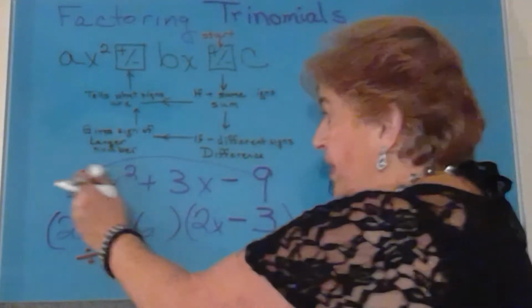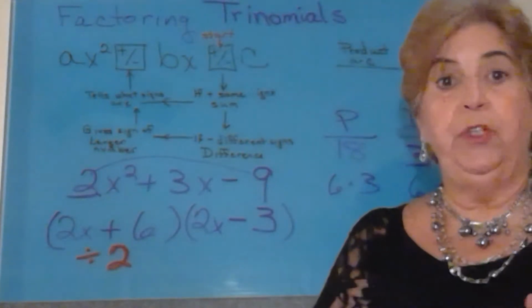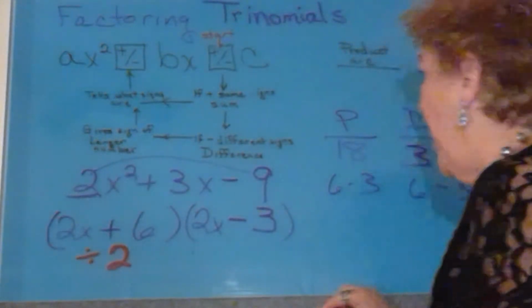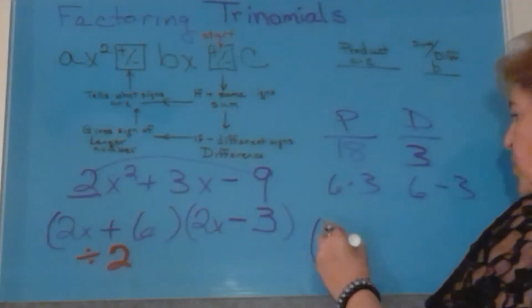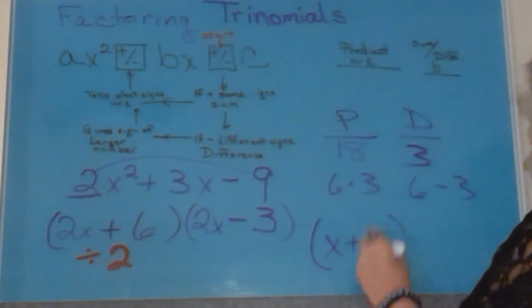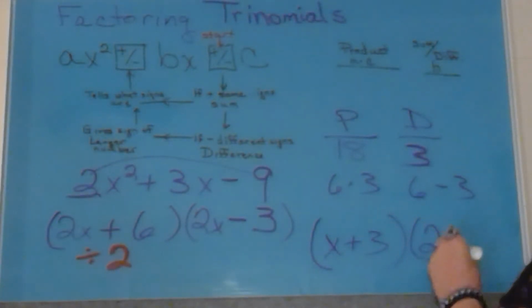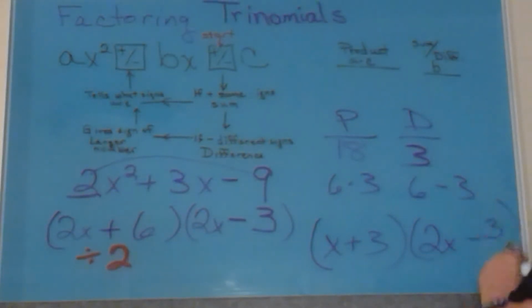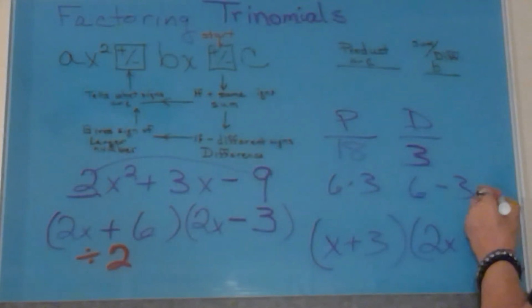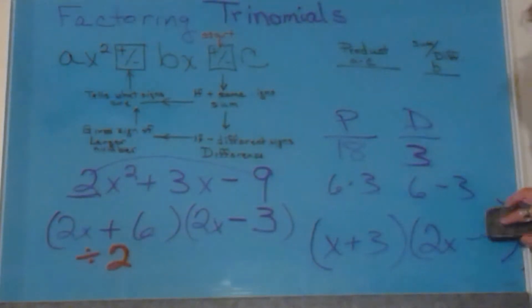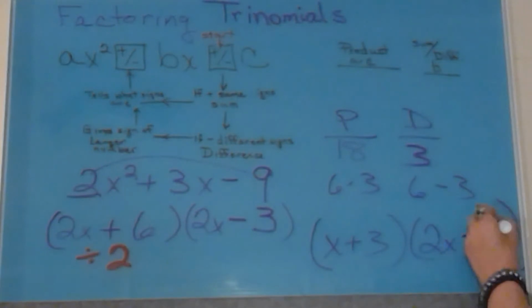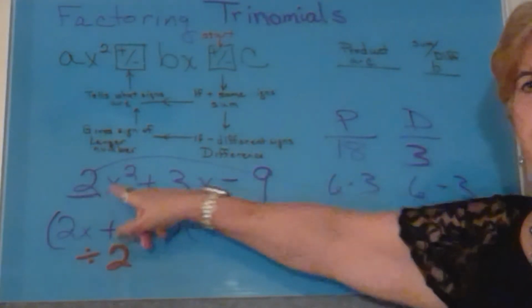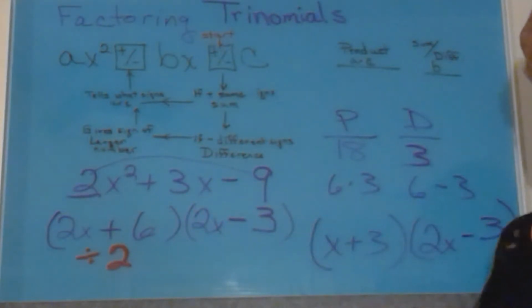But that's okay, because all I needed to do was divide out a 2. And when I divide that out, that's going to give you x plus 3 times 2x minus 3. And if you were to FOIL that, you should see that you will end up with 2x squared plus 3x minus 9.